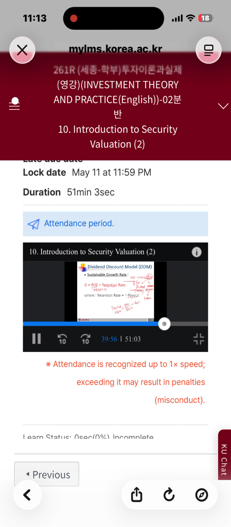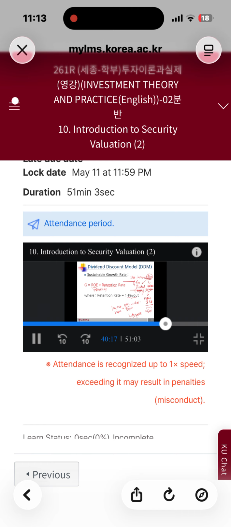If you pay out $40 from $100, your retaining, your saving will be $60. So your retention rate will be 60%, which is 1 minus the payout ratio. Okay.